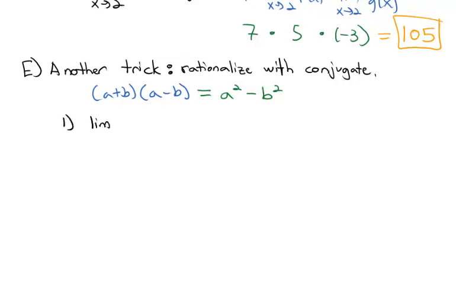If we have the limit as x goes to 4 of the square root of x minus 2 over x minus 4. Now what you might notice here, we can't just plug 4 in for x, because if we do, we end up with 0 in the denominator. That's bad.